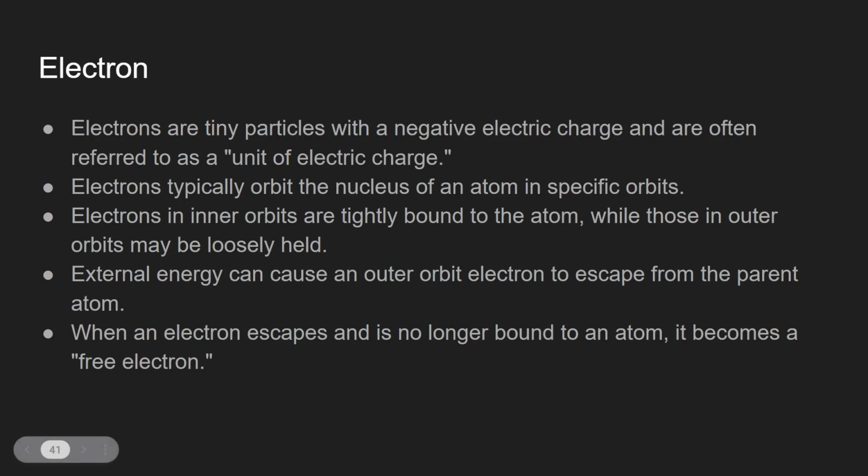It orbits, as I've talked about. If you give it enough energy, the electron on the outer orbit can escape easily, and when it escapes, it becomes a free electron.